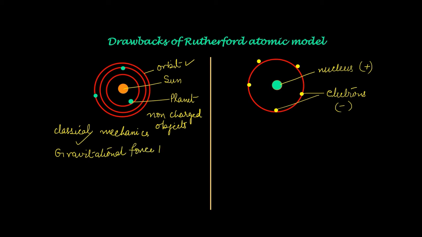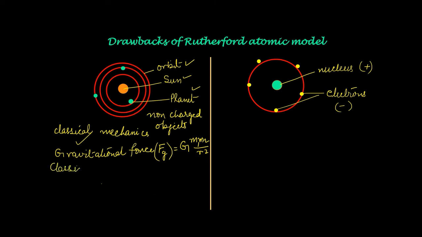Gravitational force Fg is equal to G m1 m2 by r square, where G is the universal gravitational constant. m1 and m2 are the interacting masses, the mass of the sun and the planet. Whichever planet we are studying, we have to take the mass of that planet. r is the distance between the planet considered and the sun. So this is the formula for the gravitational force which keeps these planets in their path.